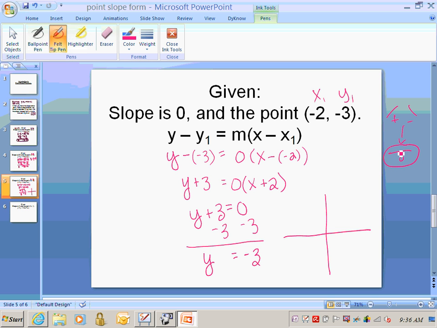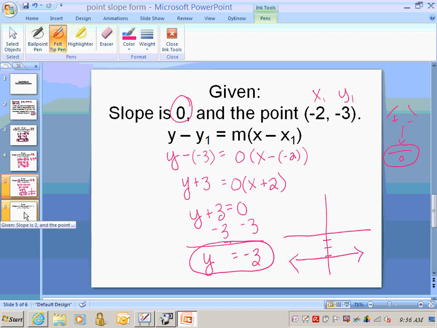We know it has a 0 slope, so it's going to look like this. Go up to negative 3. Down to negative 3. Good. 1, 2, 3, negative 3. And we're going to have a horizontal line there at negative 3. That's what that would look like. Okay, and since our equation does not have an x, we know the number in front of x was 0, which was a 0 slope. Right?